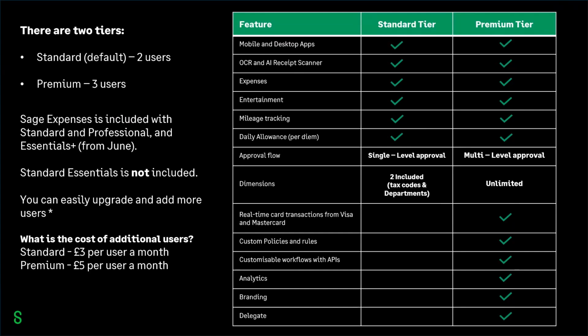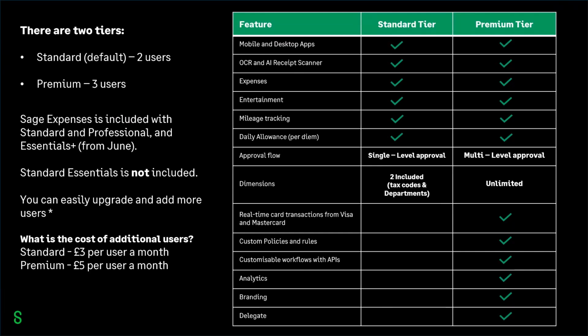If you're just on Essentials, you can upgrade to Essentials Plus via our sales team, and that will give you access. If you're not sure which plan you're on, you can check via My Sage, and your Sage invoice will tell you which package you have.